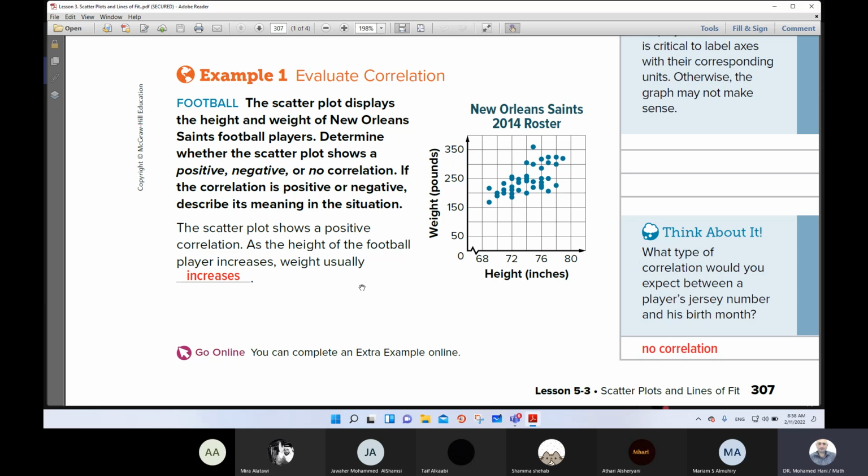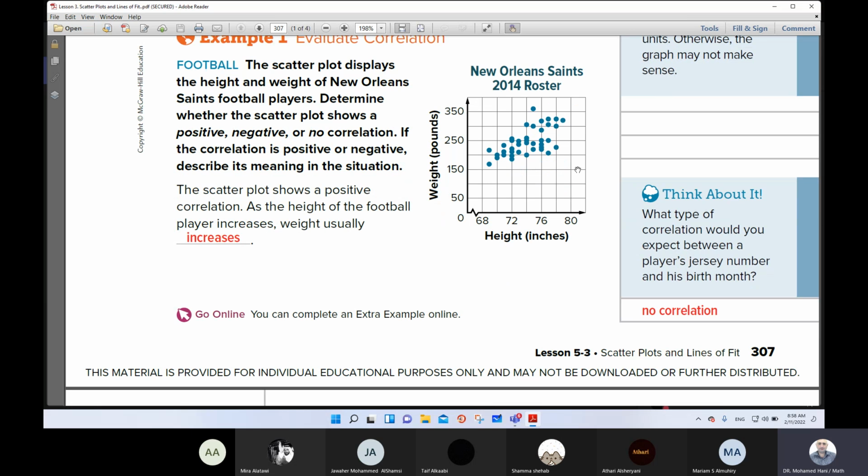For example, evaluate the correlation. As we see from the graph here, the scatter plot shows a positive correlation because the points show an increase in x and an increase in y. As the height of the football players increases, weight usually increases.